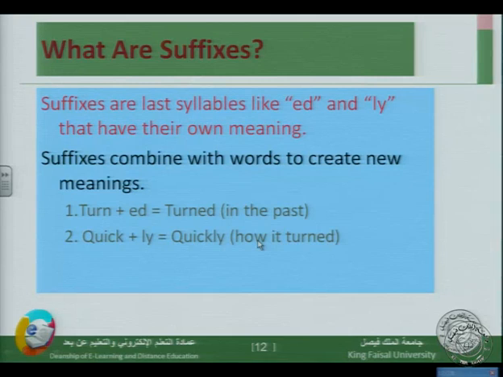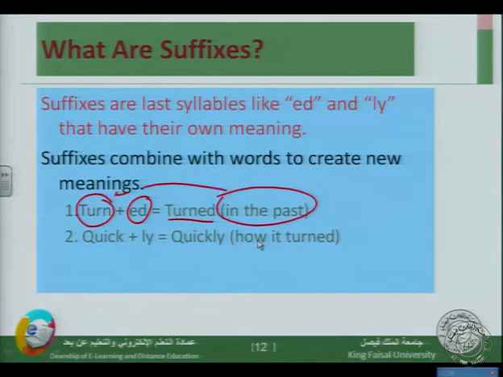Suffixes combine with words to create new meanings, like the prefixes. For example, if you look at number 1 right here, we have turn, and turn is simple present. When you add the suffix ed, you make it turned, the past form of the verb turn.